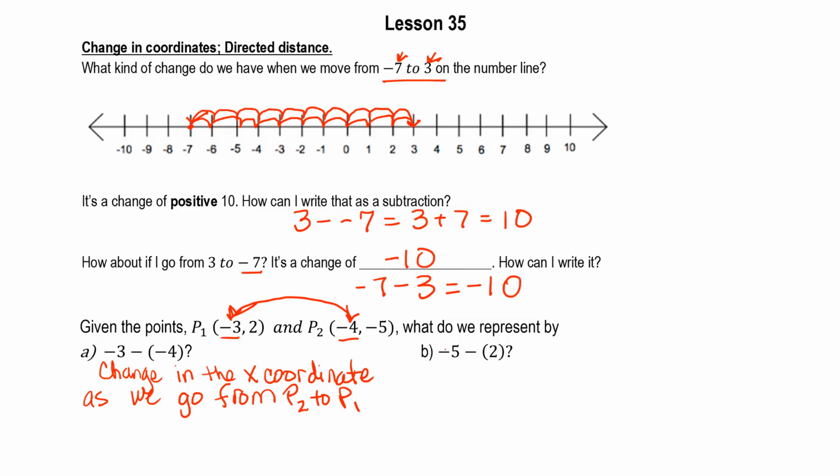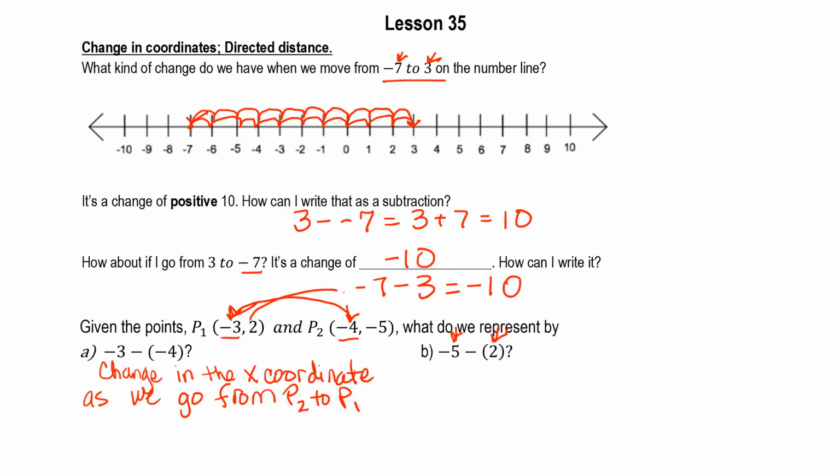What do we represent by -5 minus 2? Now we're talking about the y coordinates. In the subtraction, the 2 comes second and the -5 comes first, so the -5 has to be the second number. It's where we're going to.